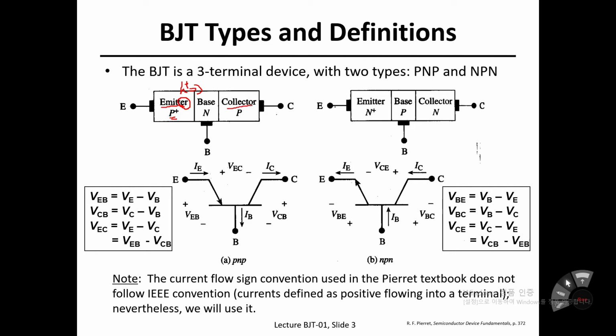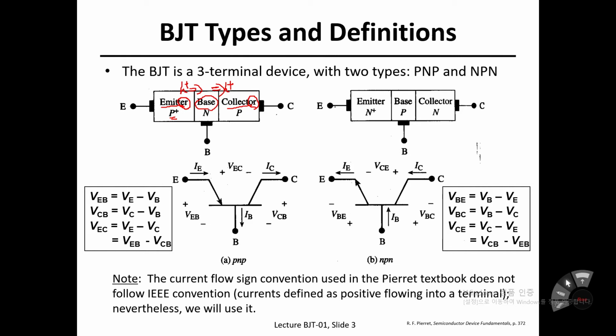What about the collector? A collector is the thing which can collect, which can catch and grab those carriers coming from the emitter. So the holes would arrive at the collector region like this.